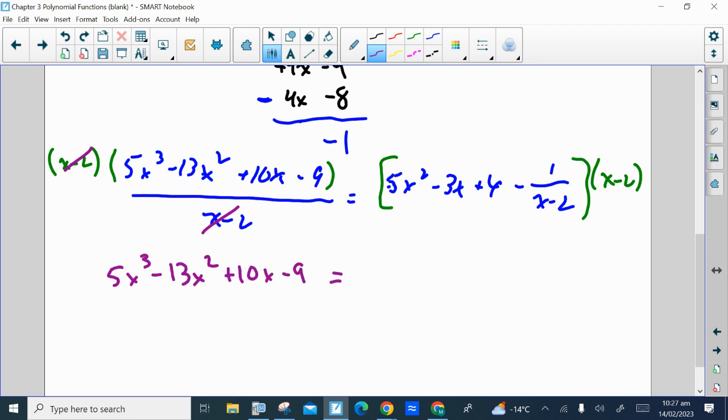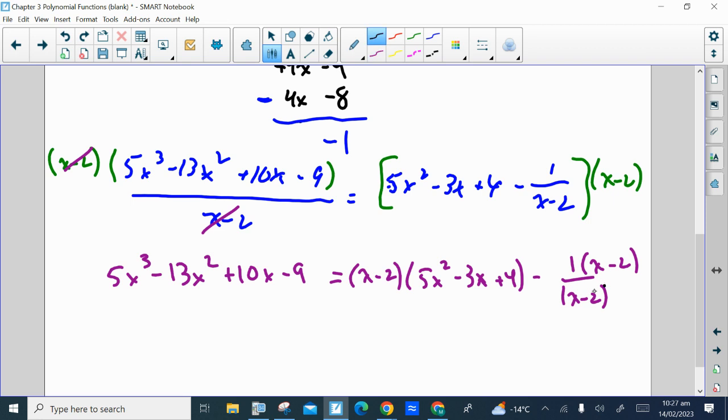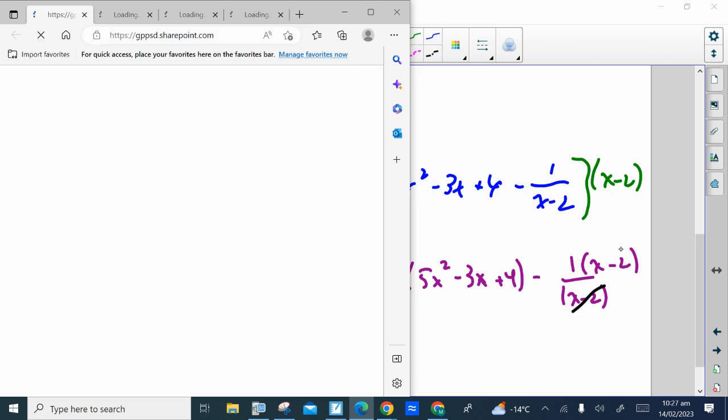So we should get the same thing on the right. So I'm going to have to multiply the x minus 2 by the quadratic, 5x squared minus 3x plus 4. And I'm also going to have to multiply the x minus 2 by the remainder part, which was negative 1 over x minus 2. So on the right, those x minus 2's will cancel.